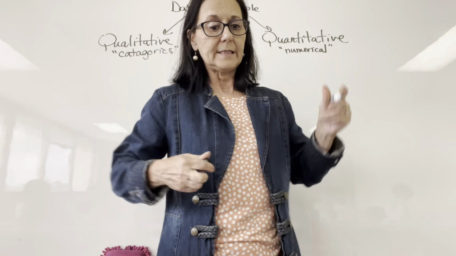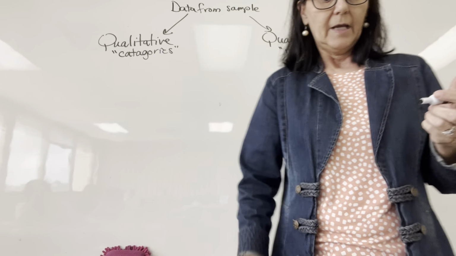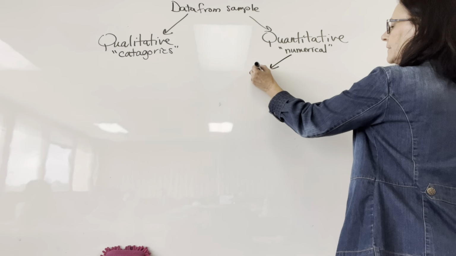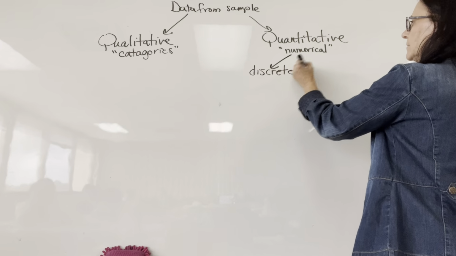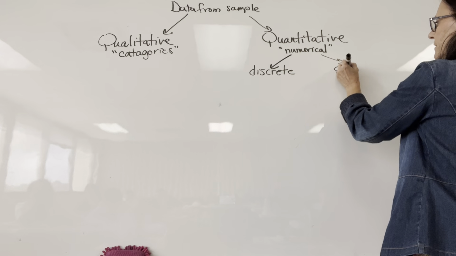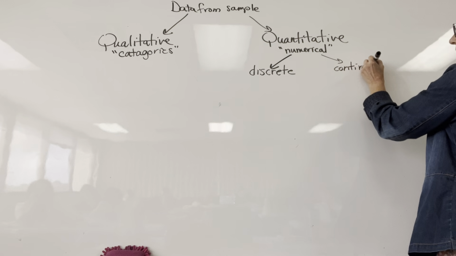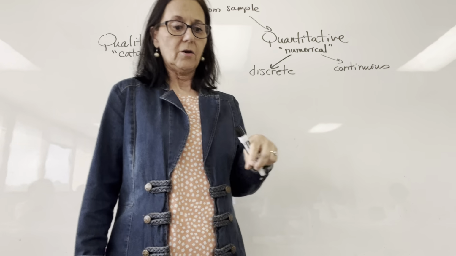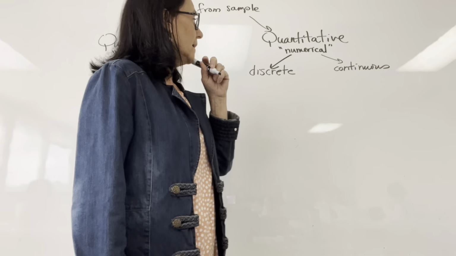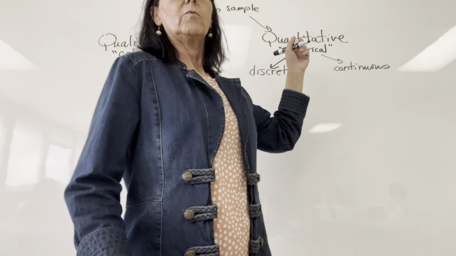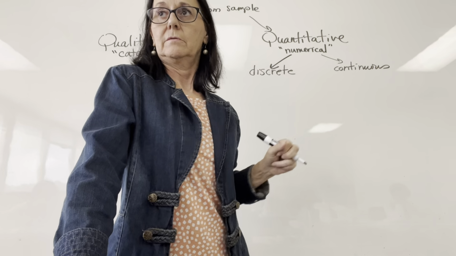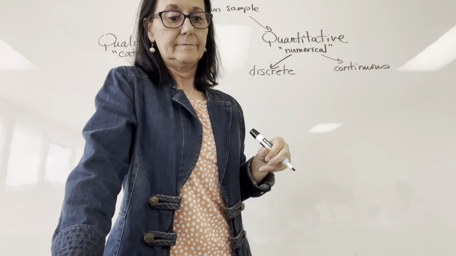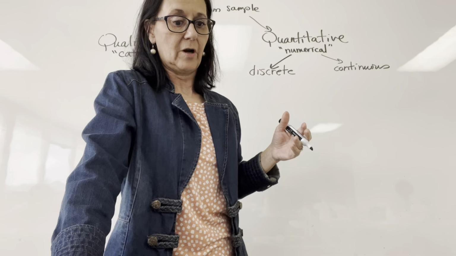If I have quantitative, the quantity is either discrete or it is continuous. It's discrete or it's continuous. So another numerical would be like hours, miles you drive.